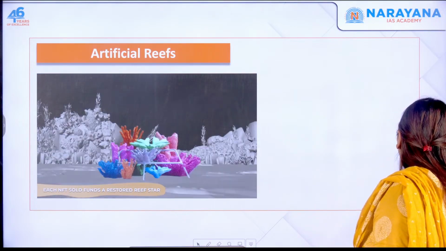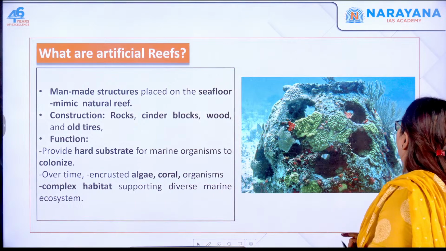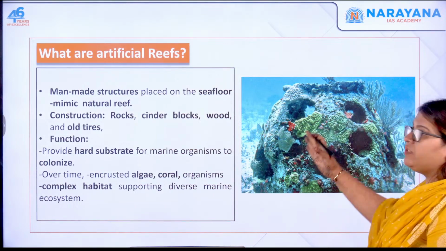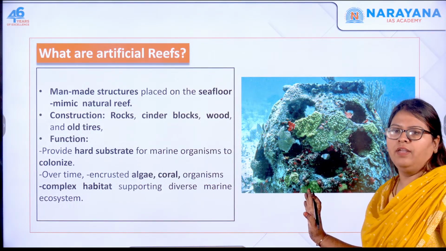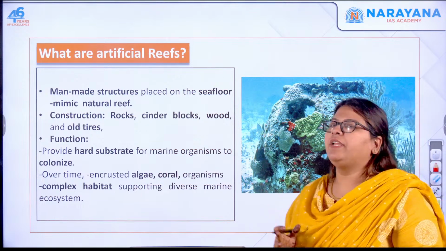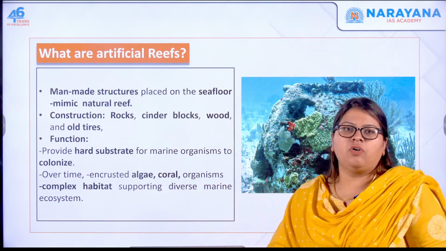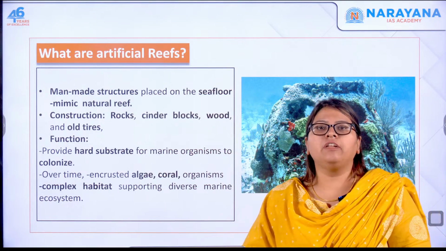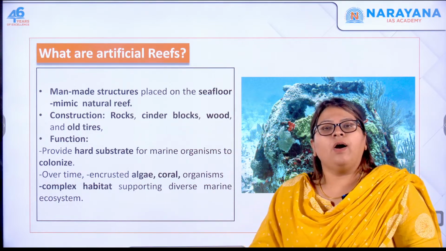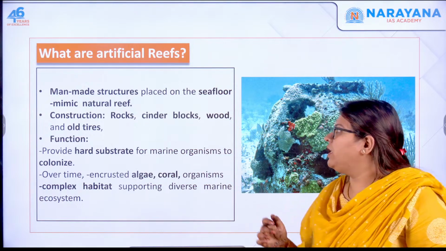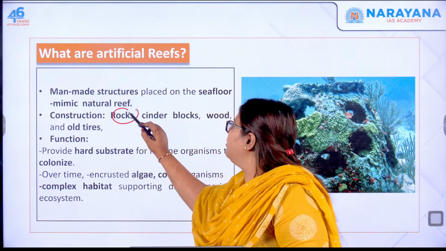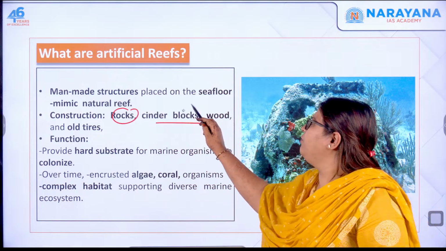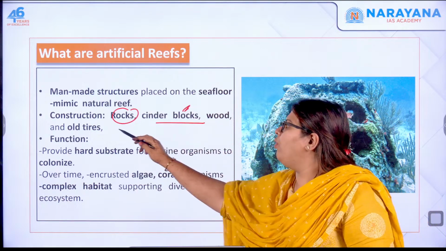Now, let us move forward and understand what artificial reefs are. Can you see? This is an artificial reef. These are man-made structures placed on the sea floor or ocean floor in order to mimic natural coral reefs. How is the construction made? By using materials like rocks, cinder blocks, burnt wood and coal, and old tires.